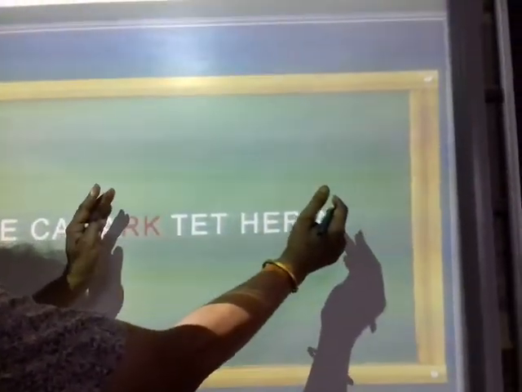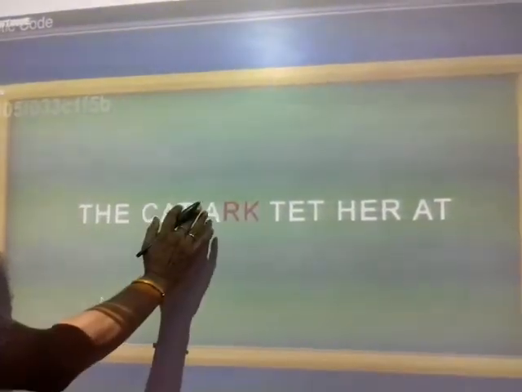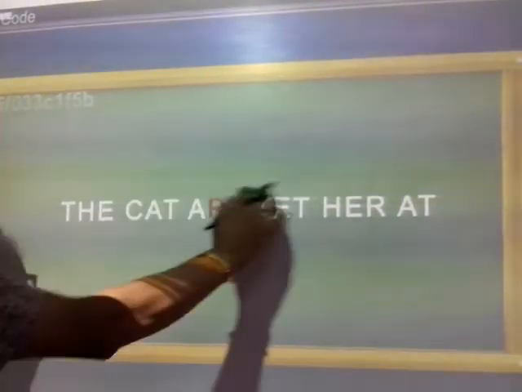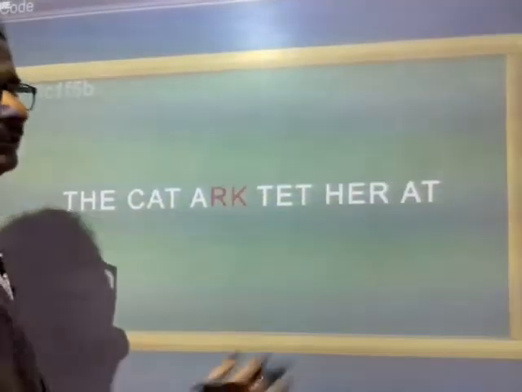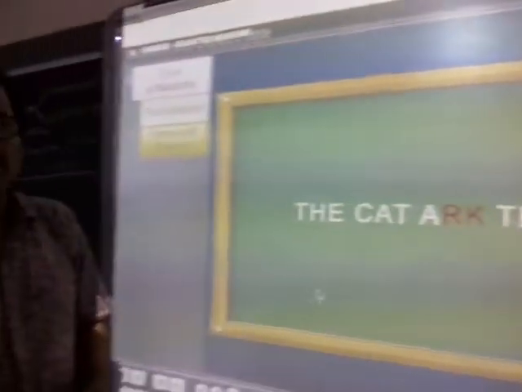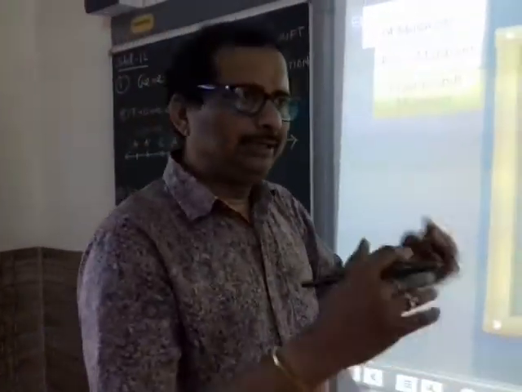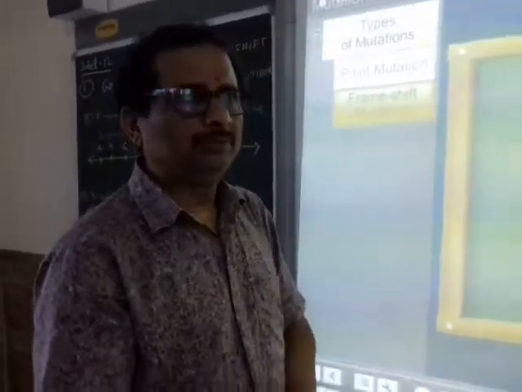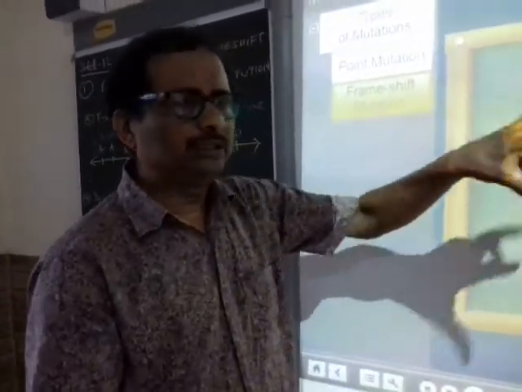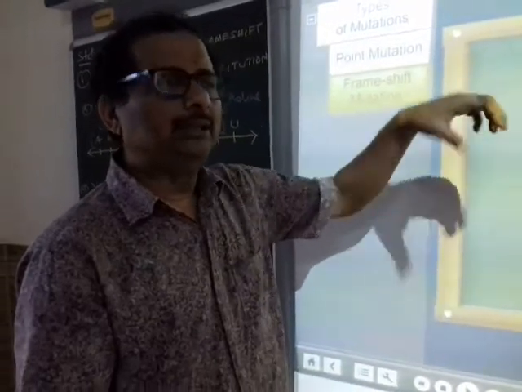That is what is called the frameshift, meaning the frame changes after the insertion. Before that it is normal, meaning the normal amino acids are produced, and after that there is a change in the amino acids. So this is all about frameshift mutation, and we'll take up the remaining chapters of the mutation topic in the next class.